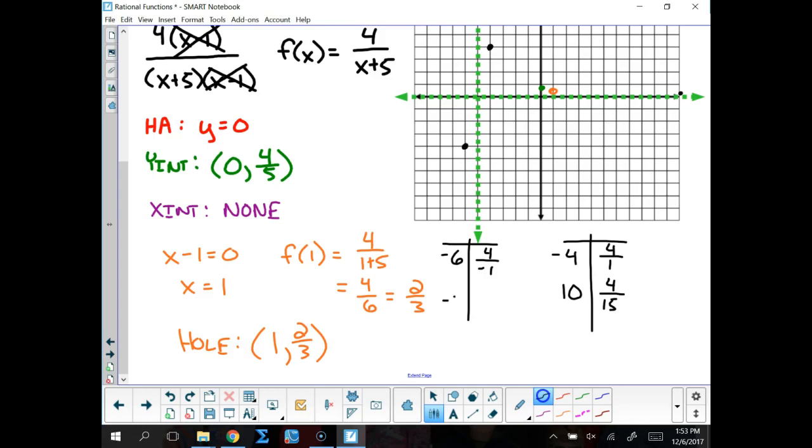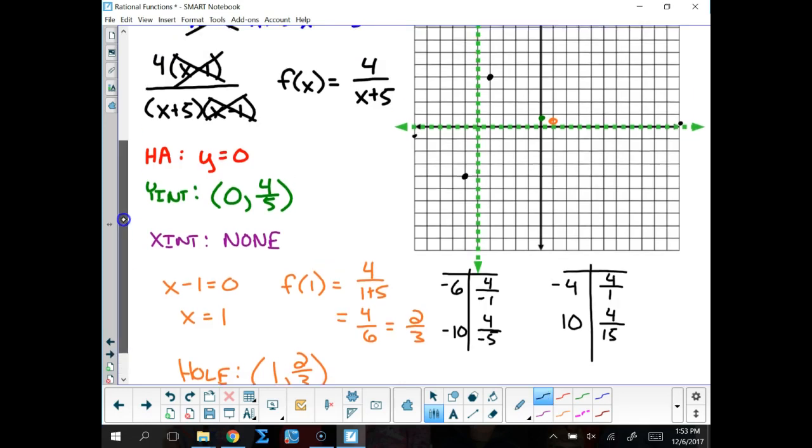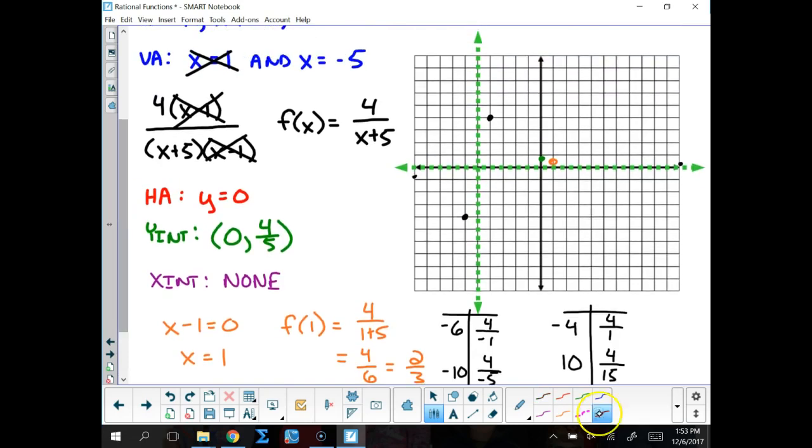And if I put in -10, I've got 4 over -5, which is there. Left side, right side.